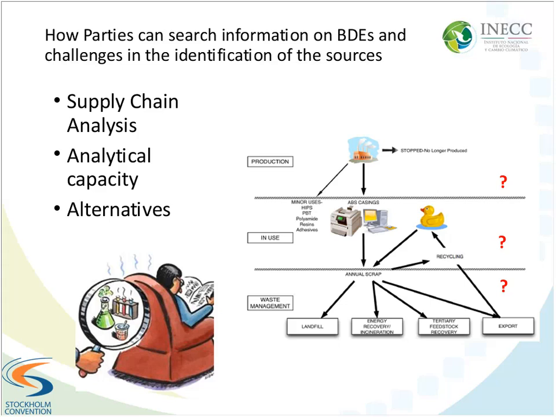So with these two sources of information, you could also help yourself to identify the different streams and the different content of BDEs in the products, and also to be aware of the different alternatives that are substituting or not the use of a flame retardant.